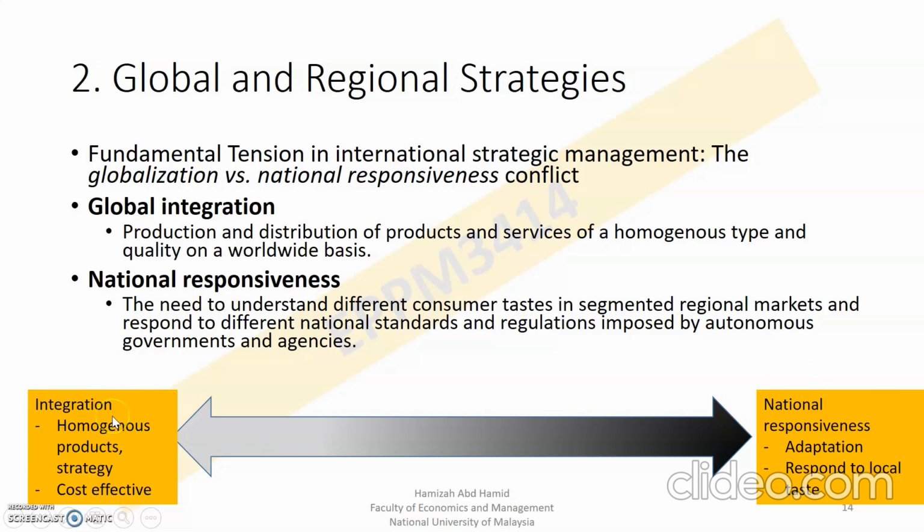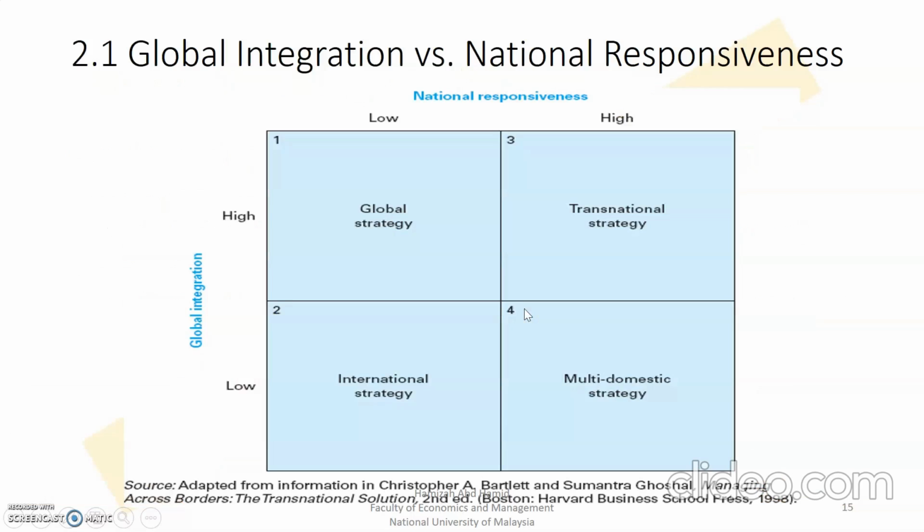Maybe there is a little global integration and many aspects of national responsiveness, or few aspects of national responsiveness with primarily global integration. So because of that combination, there are 4 main strategies.